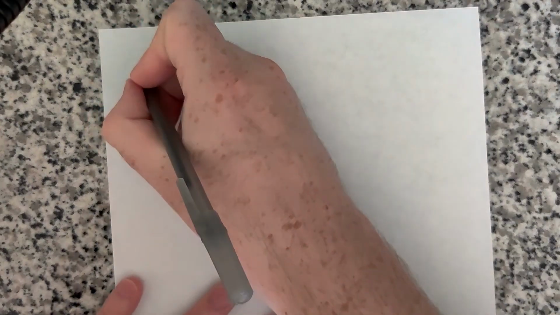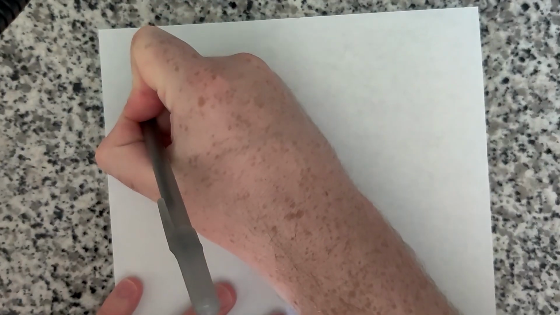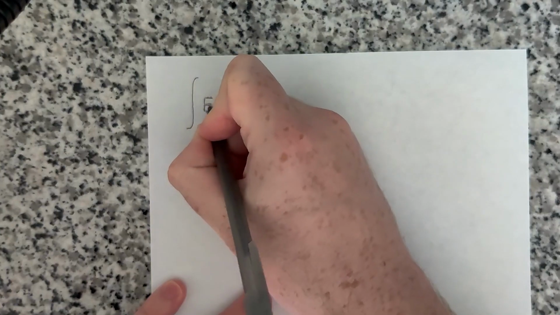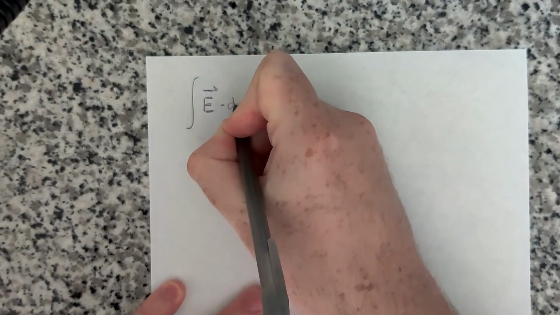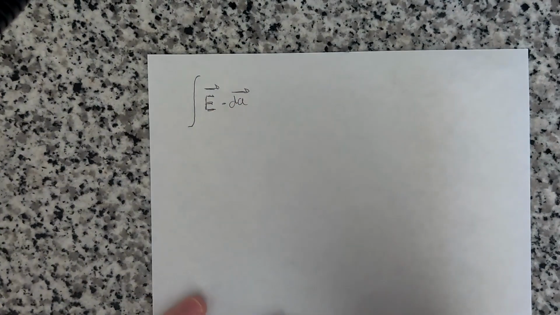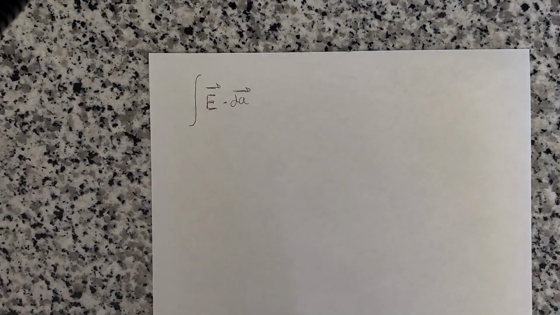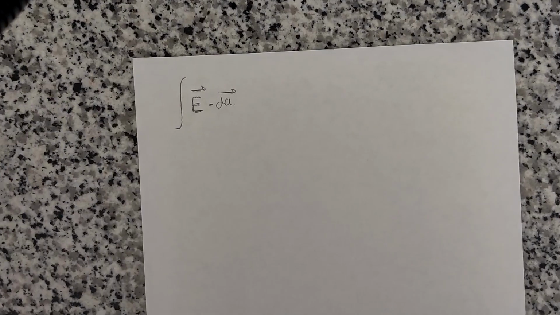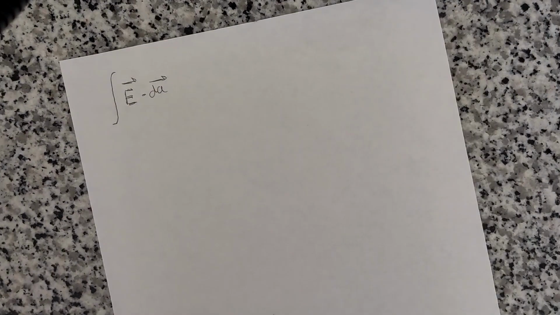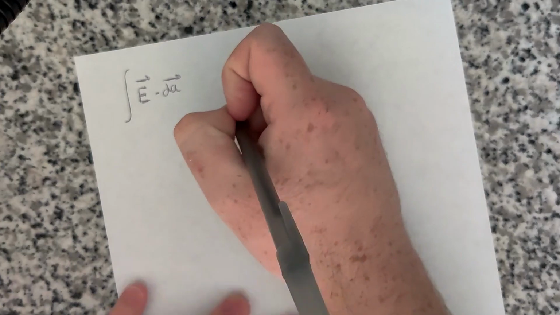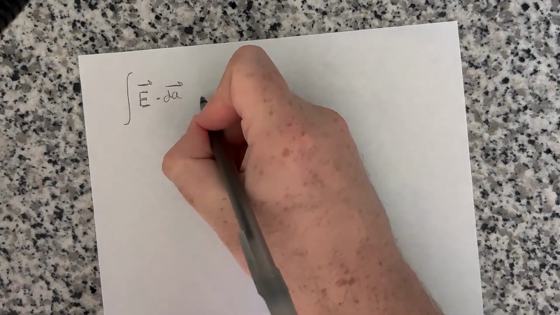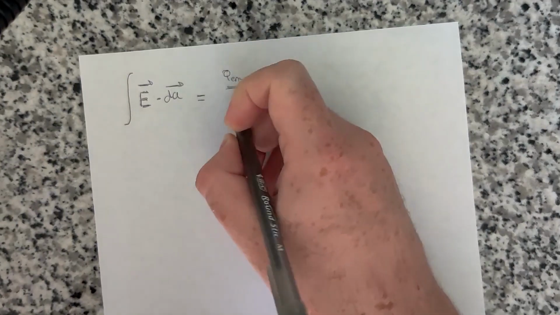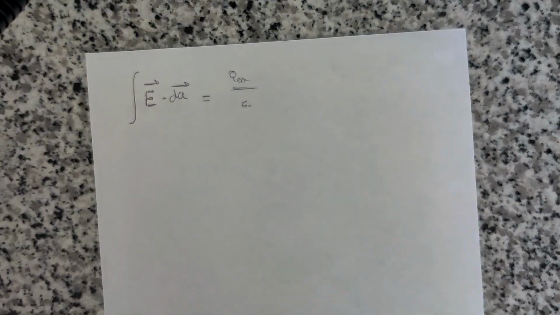By Gauss's law, we know that the flux of the electric field, so that's the integral of E dot dA through our Gaussian surface, which is just a sphere of radius r, little r we'll say, surrounding our charge density, whatever distribution that is, is equal to the total charge enclosed in our Gaussian surface divided by epsilon naught.